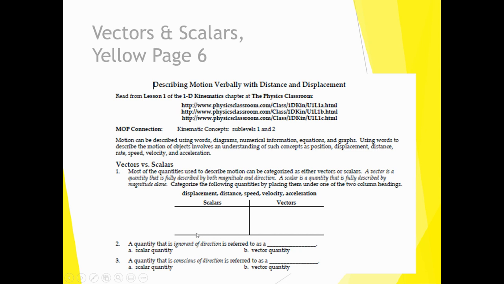Most of the quantities that are used to describe motion can be categorized as either vectors or scalars, and it gives you the definitions. We care about these terms that are listed here. As of right now, we don't know what all of them are, but we're going to go ahead and fill in the table anyway. Distance is a scalar and displacement is a vector.